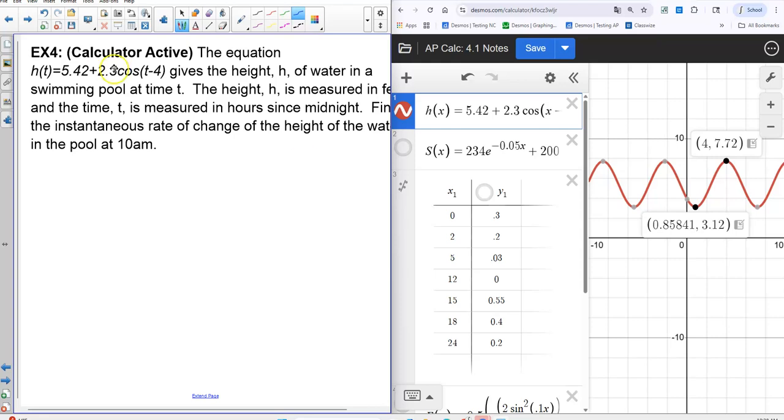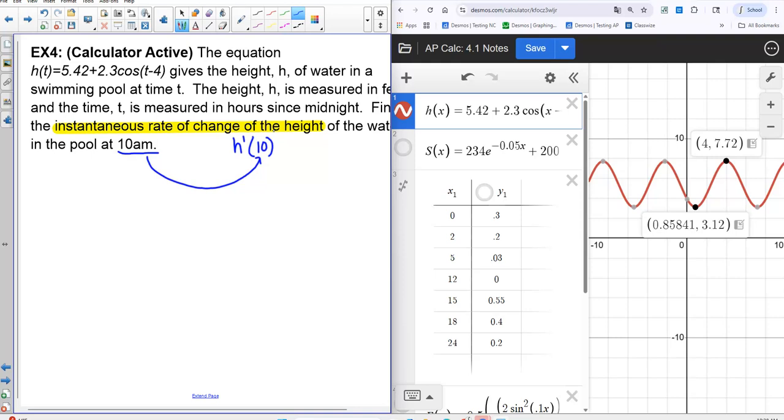Yes, the derivative at 10 a.m. Instantaneous rate of change of height is what tells you that you are looking for h prime. And then, of course, they tell you a specific time. So that tells you h prime of 10.